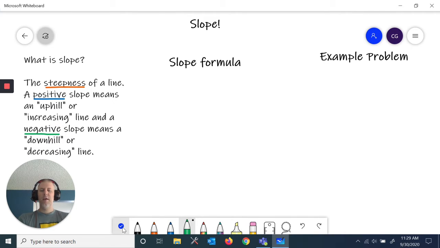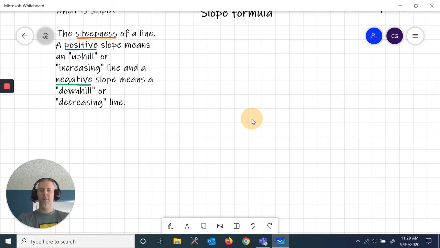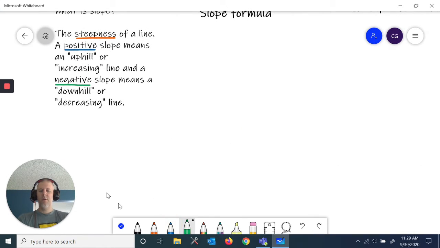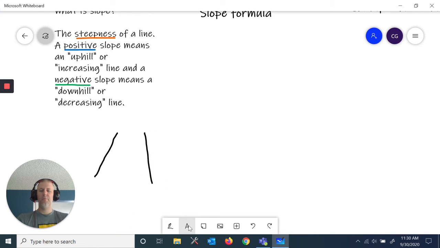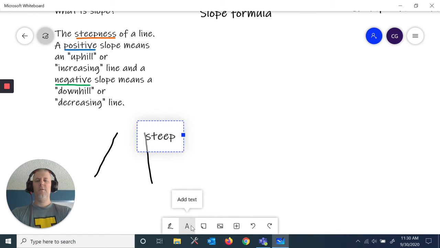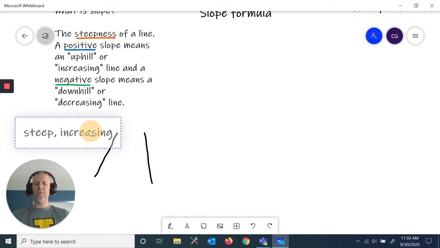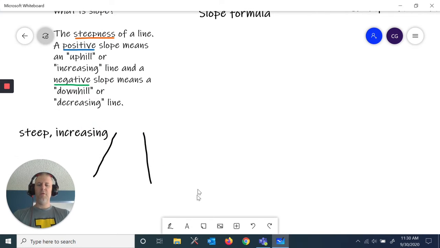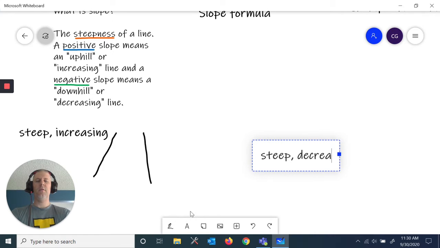Okay. Another way we can draw a picture of that is to say, here is a line that's got very steep increasing slope. And here's a line that has steep decreasing slope. Steep increasing is over here, and this example over here is steep and decreasing.